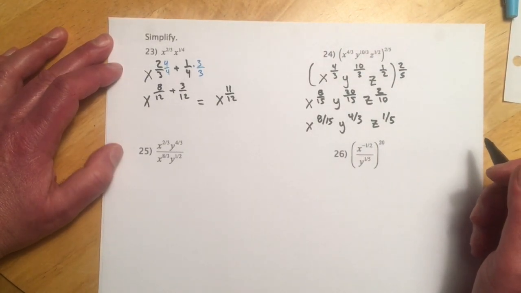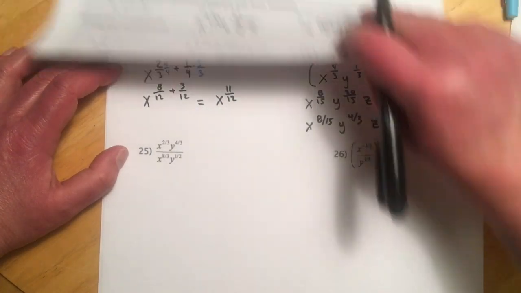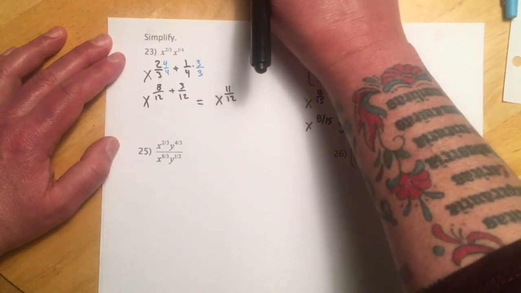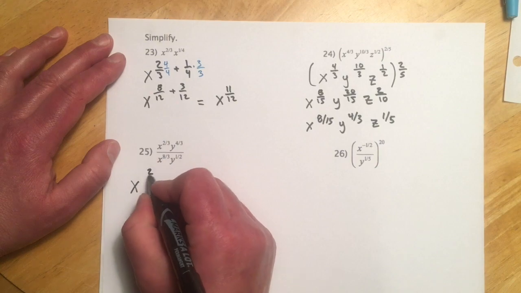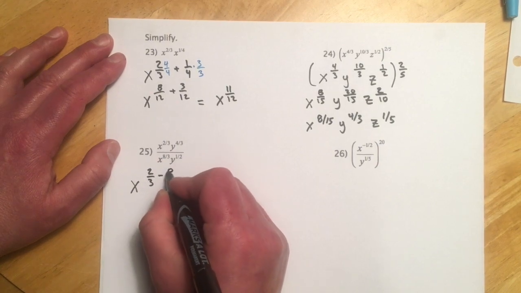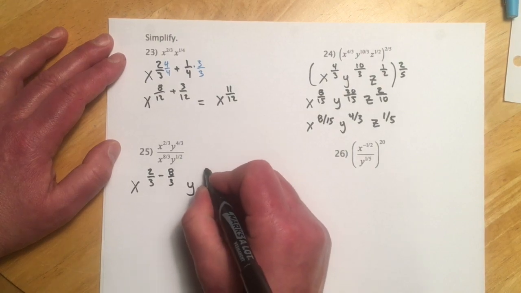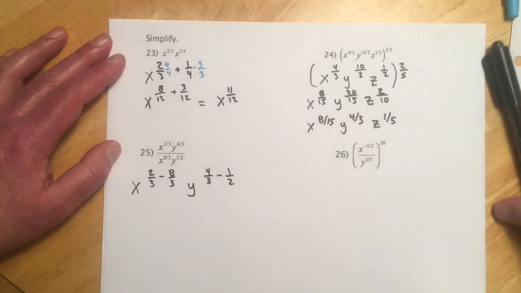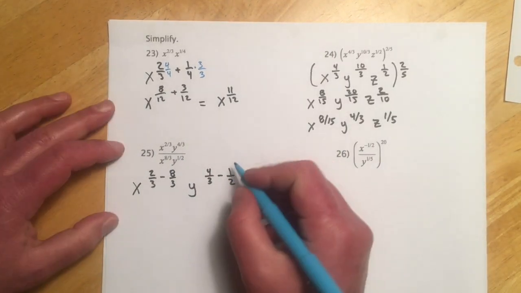Number 25, so this is where we have division. And so remember, for division, that is property 3 here, where we subtract the exponents. So this one will look like x to the 2/3 minus 8/3, and then y to the 4/3 minus 1/2. So this already has a common denominator, but this doesn't.